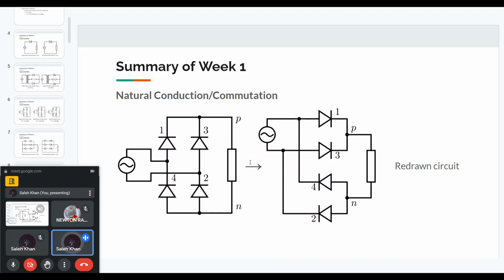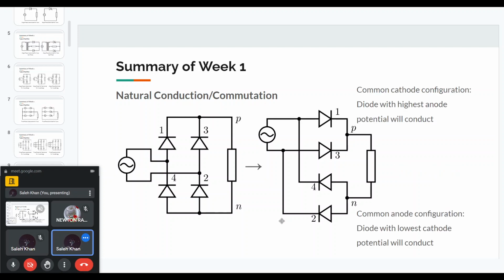We can redraw this circuit in this way. As you can see, diodes 1 and 3 are connected in what is called a common cathode connection. Their cathodes are connected to the common point, and their anodes are connected to different points. Diodes 2 and 4 are connected in a common anode connection, which is N. Their anodes are connected to the common point, while cathodes are connected to different points.